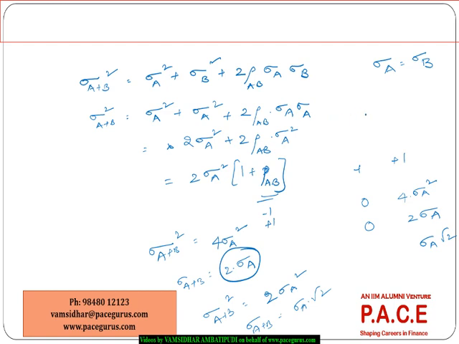wherein if there are n such securities where the variance is more or less equal, the standard deviation of the portfolio is each individual standard deviation times square root of n, especially if the correlation between them is 0. This value is applicable only when the correlation between them is 0. And this is what we actually use in a lot of places.